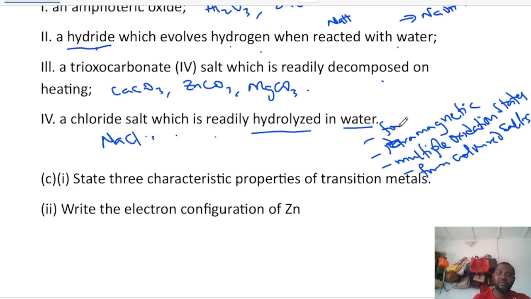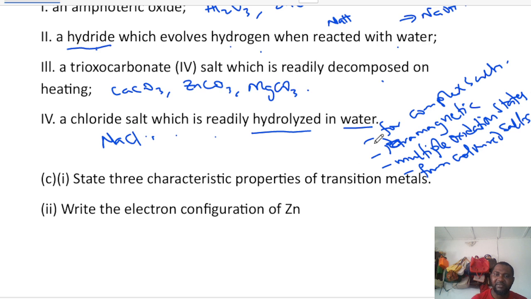They also form complex salts. Transition metals have the ability to form complex salts. That means they can combine with other species using coordinate covalent bonds. That's another special property of transition metals. I'm thinking to see if there is any other that comes to mind apart from these ones.